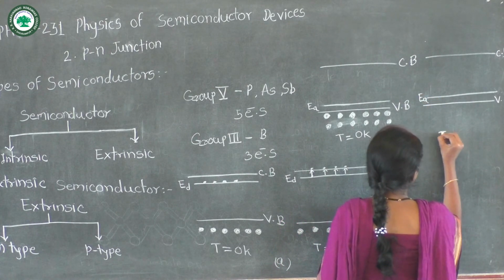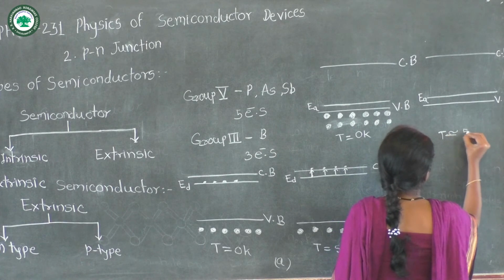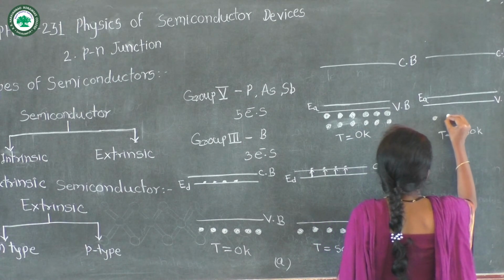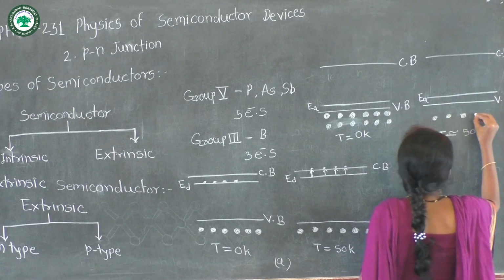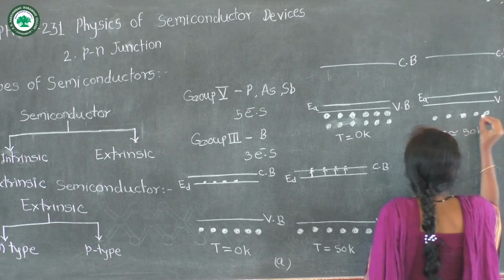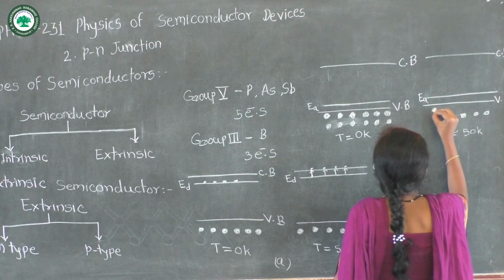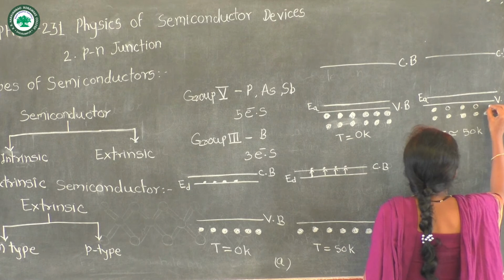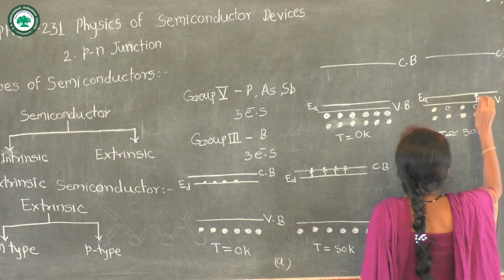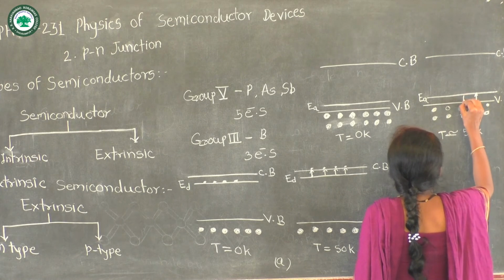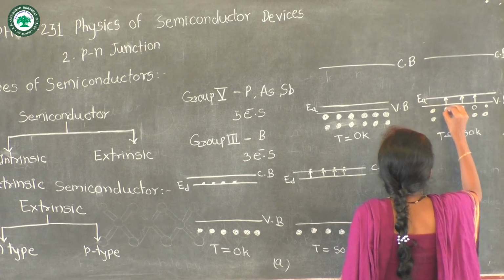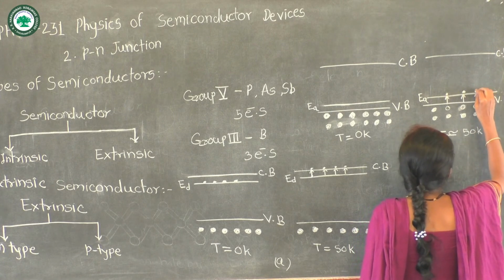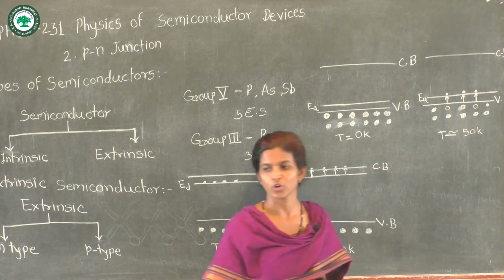Then with a slight rise in temperature, nearly equal to 50K, the electrons from the valence band make transition to the acceptor impurity level, and this reaches the acceptor energy level within the forbidden gap.